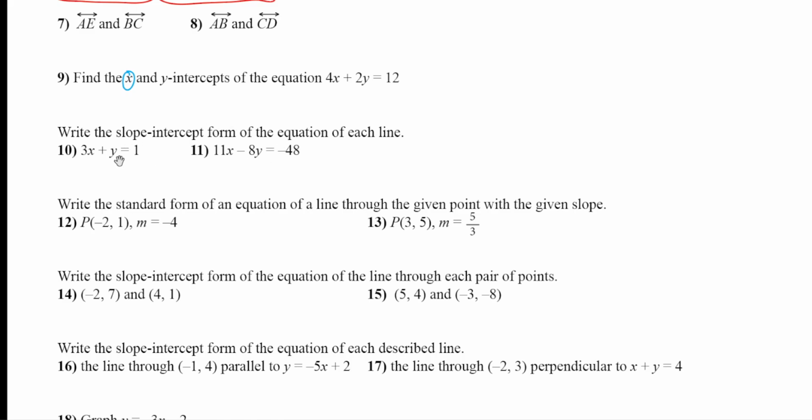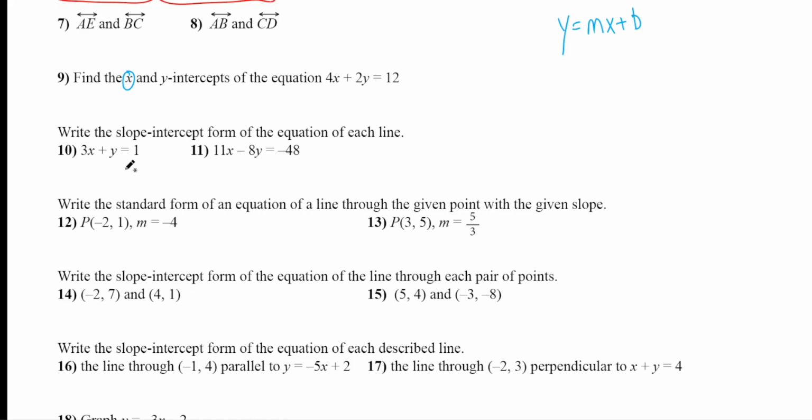All right, what about this? The slope-intercept form. What's slope-intercept form? Y equals mx plus b. All right. So what are we trying to do? I'm trying to change this into slope-intercept form. So what am I basically doing? I'm just solving for what? Solving for y. All right. Right here, I can do that in my head, can't I? What's the answer here?